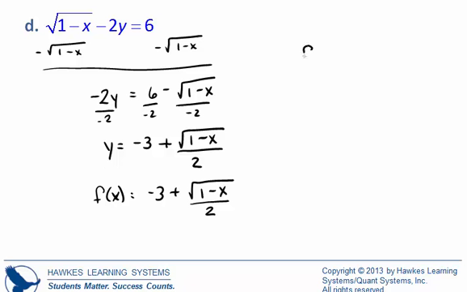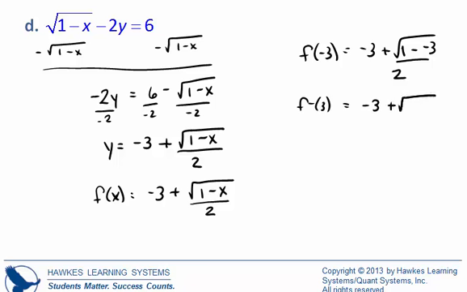All right, and our last part is to evaluate at negative 3. So we'll take our expression, and where there's an x, we will put a negative 3. And so now we have negative 3 plus the square root of 1 minus negative 3 is 4, over 2.